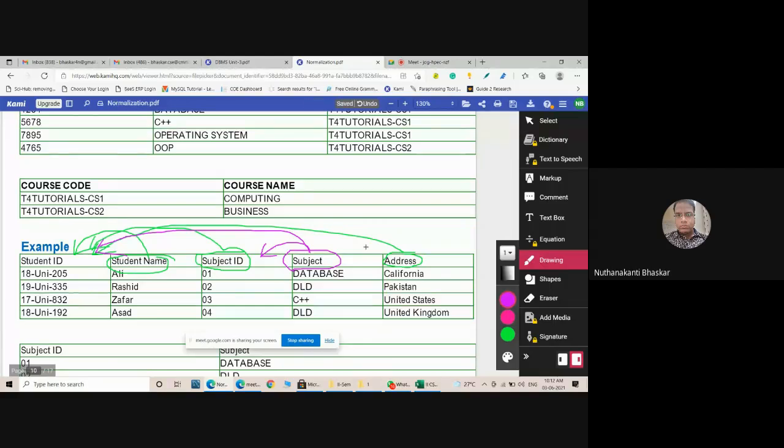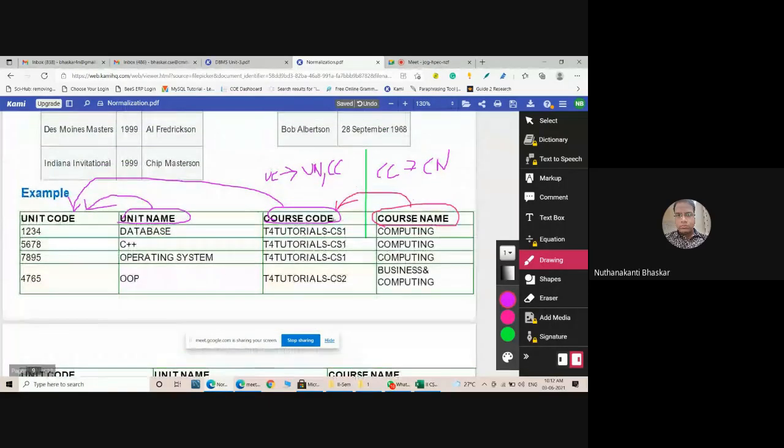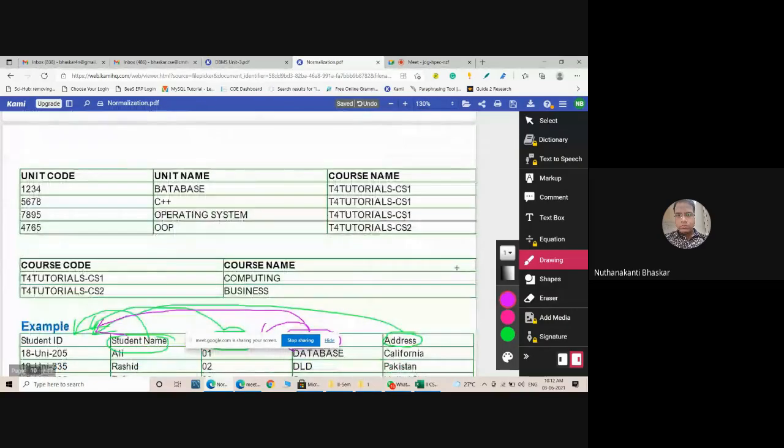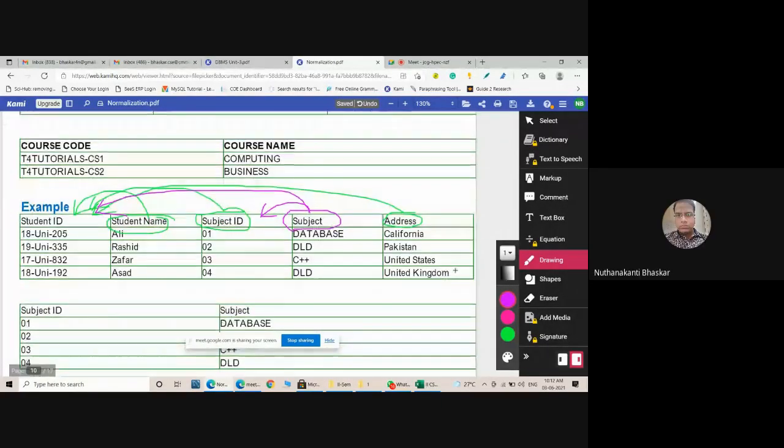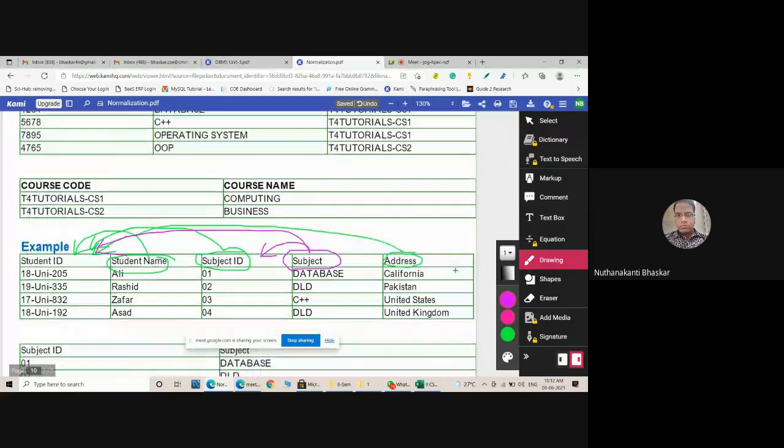Even here, course name also depending on course code. Understand? If you want to write, you can write, not a problem.